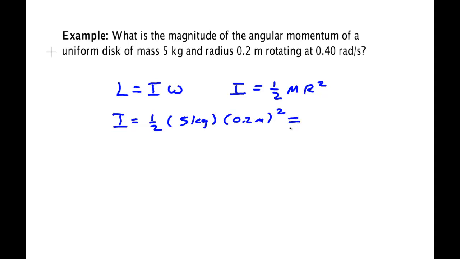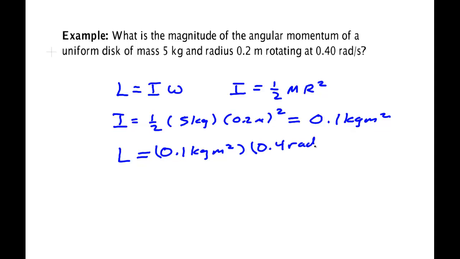I put all that together and I find that it's equal to 0.1 kilogram meter squared. L is then 0.1 kilogram meter squared times omega, and omega is 0.4 rad per sec. Put that all together and I get 0.04.